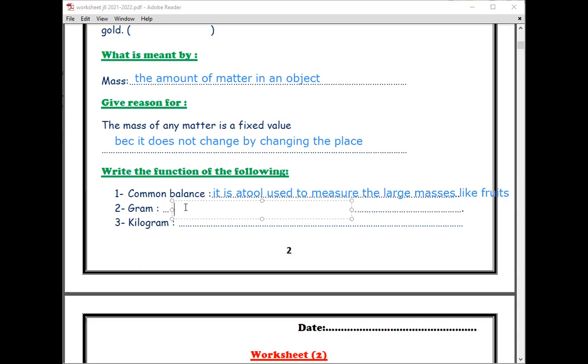So here I write it's a unit used to measure the small masses like gold or silver.